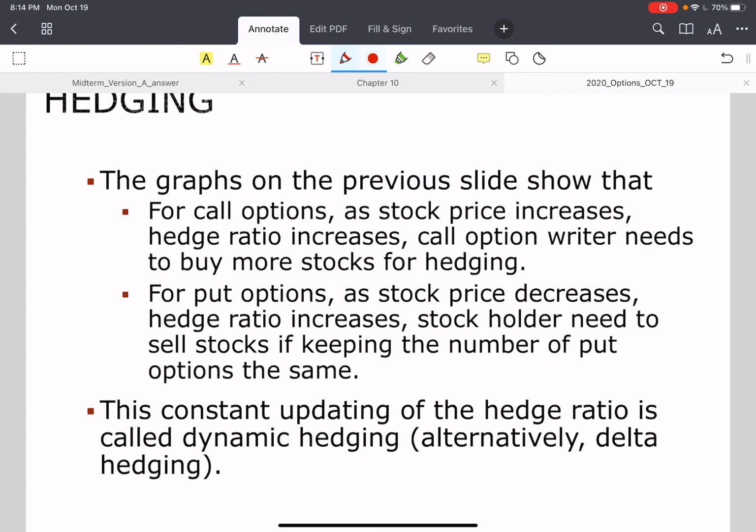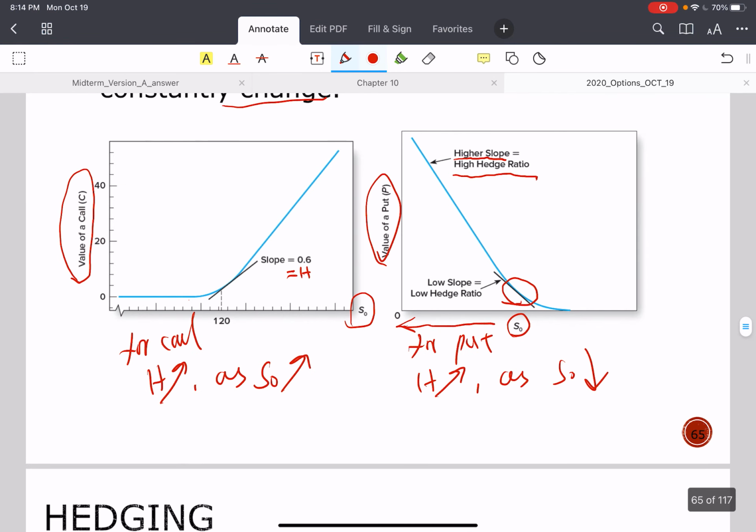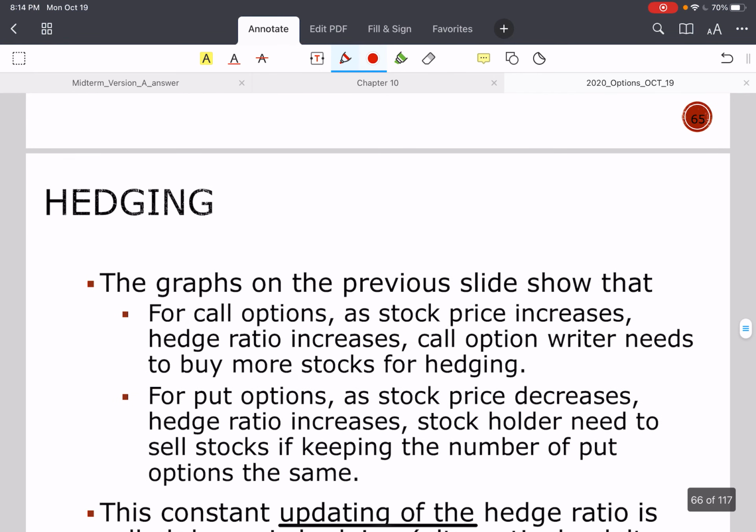Okay, now let's see what kind of implication you can get from these two pictures. So first, you can see that for call options, as stock price increases, the hedge ratio increases. Now remember we discussed this example of a call option writer. It says that if you're a call option writer, you have to hedge against your risk by buying shares.